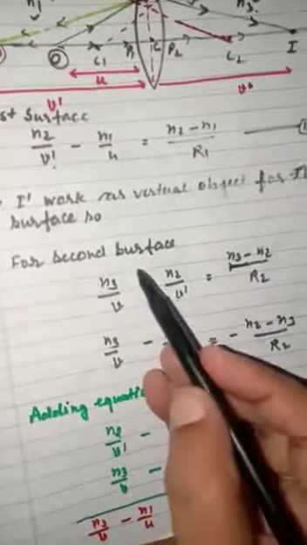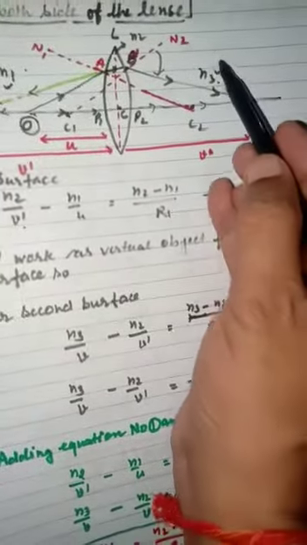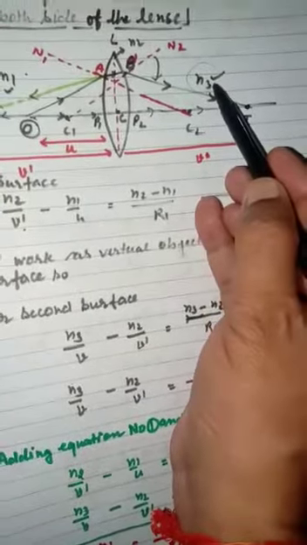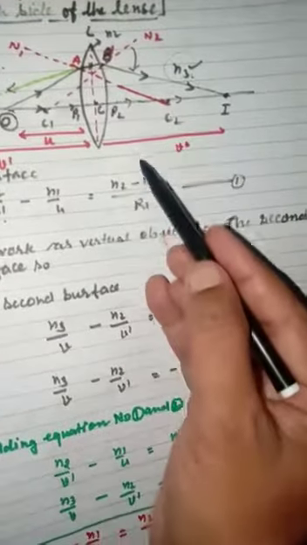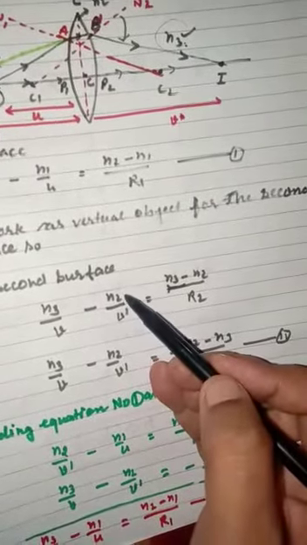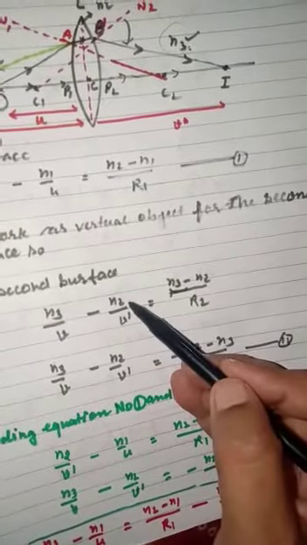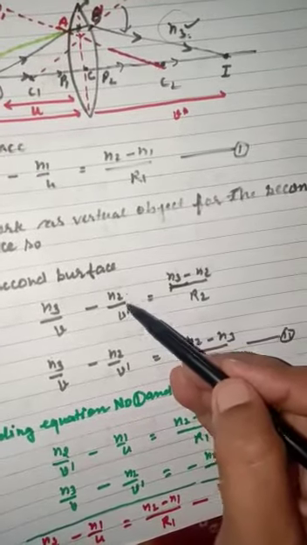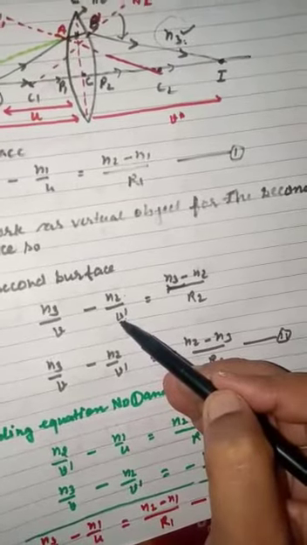Thus, for the second surface, N3 upon V, where the image is formed in medium N3, and the object from which this image is obtained, N2 upon V dash. V dash is the distance of the object, which acts as a virtual object I dash.